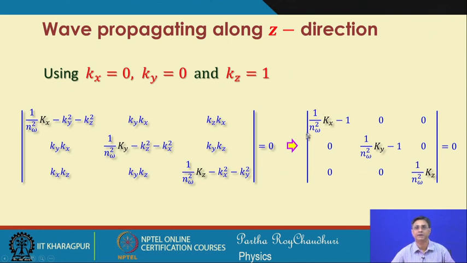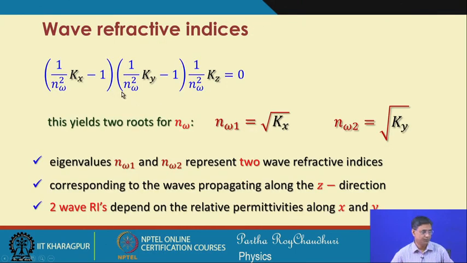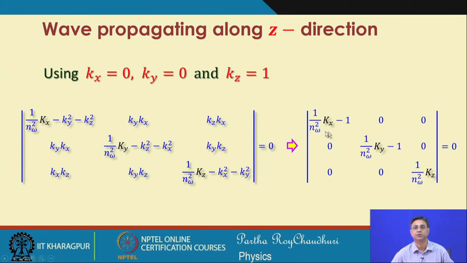So, you have a determinant for this case, the case of the wave propagating along the z direction, which will look like this, where the off diagonal elements of the determinant are equal to 0. So, from this equation, if I open the bracket, then I can write this quantity into this minus 0 equal to 0.